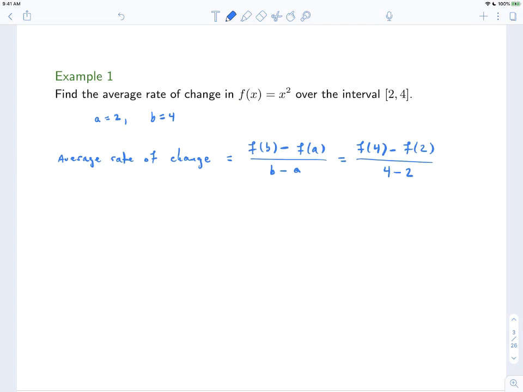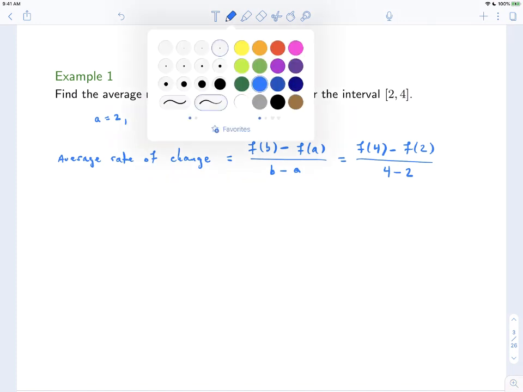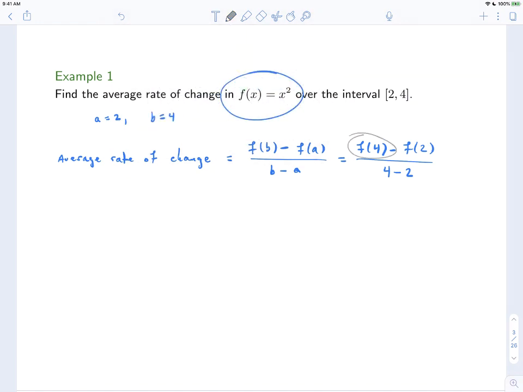At this point, we need to compute f at 4 and f at 2, but we can do that using this formula. This function squares the input, so this first input is 4, so f at 4 is going to be 4 squared. And the second one, the input is 2, so the output is going to be 2 squared.